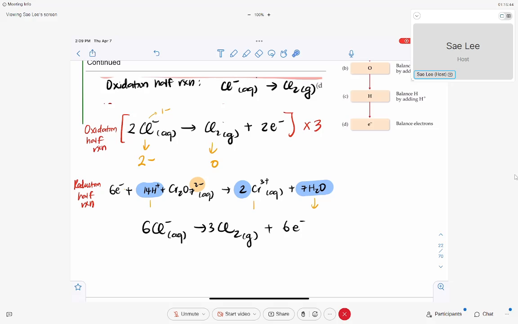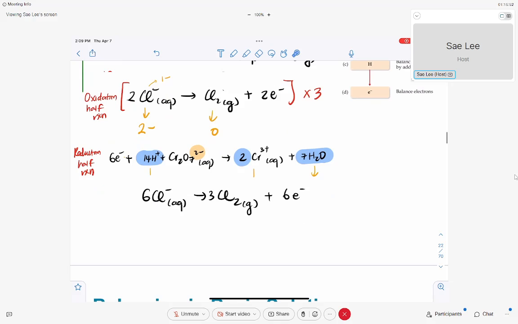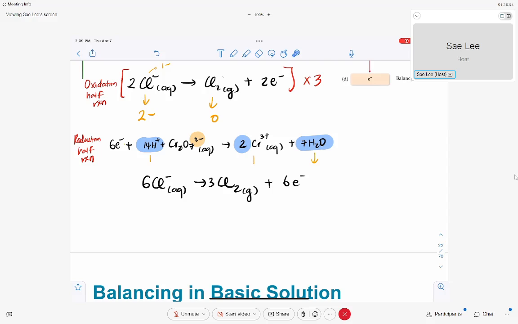In this way, the number of electrons lost and gained within the redox reaction are equal to each other. So now the final step is to add both half reactions together and eliminate whatever appears on both sides.